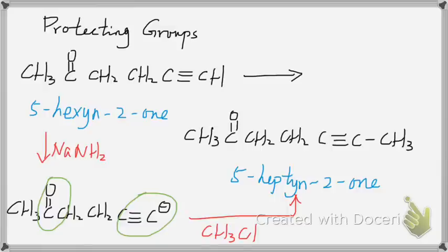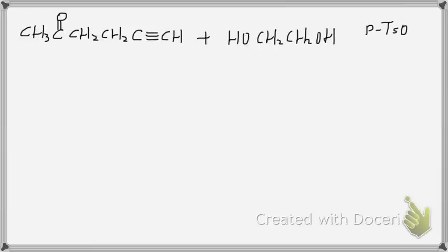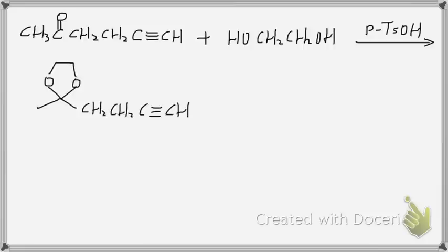So if you want this reaction to take place, we need to find a way to cover the carbonyl group. And we can use acetals or ketals. Okay? So our strategy here is first convert the ketone carbonyl to the acetal or the ketal.